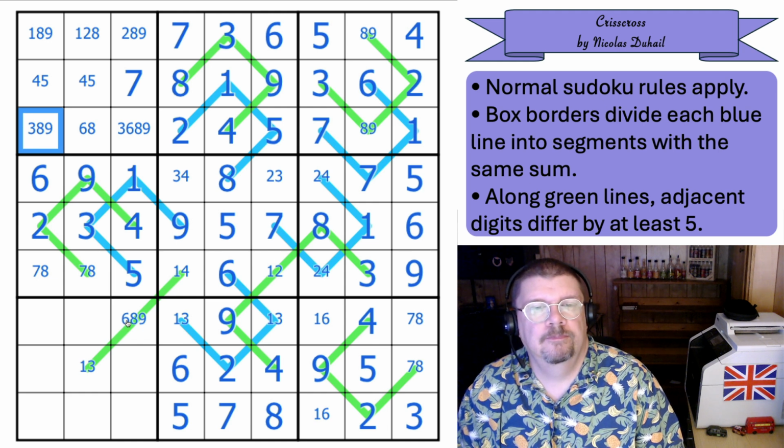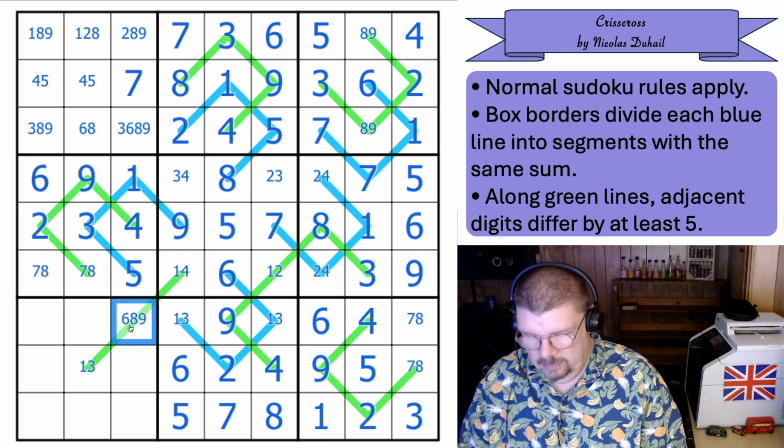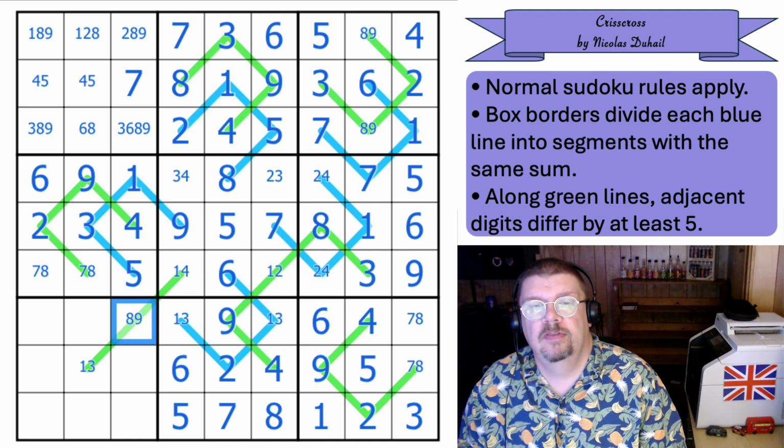All right. The red and green lines are done, blue lines. Oh, that one's 3 is making that 6. That one is removing 6 from there.